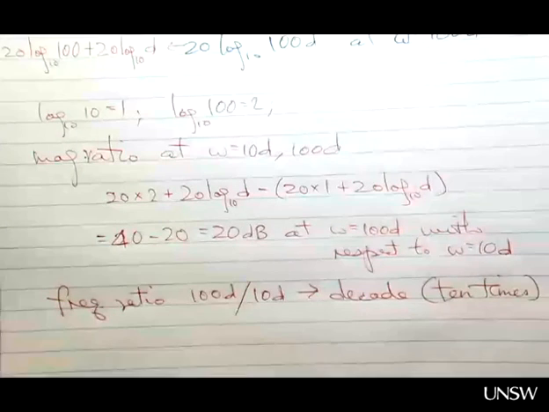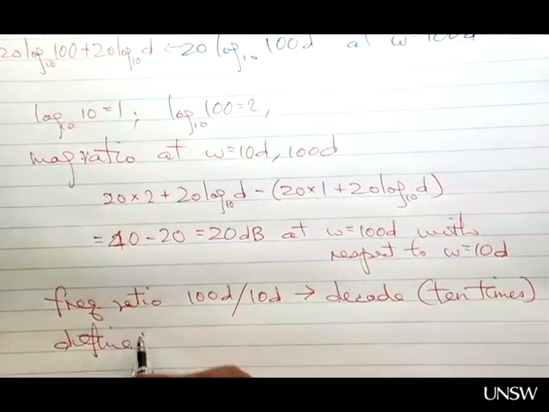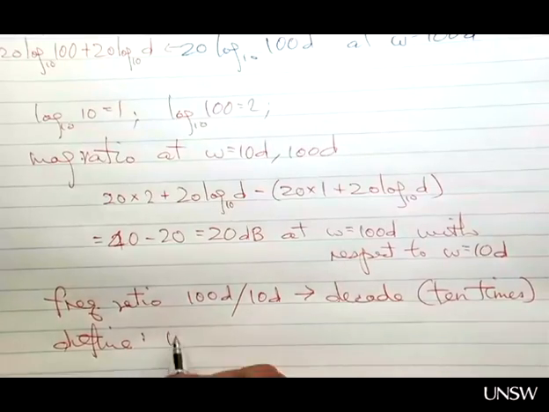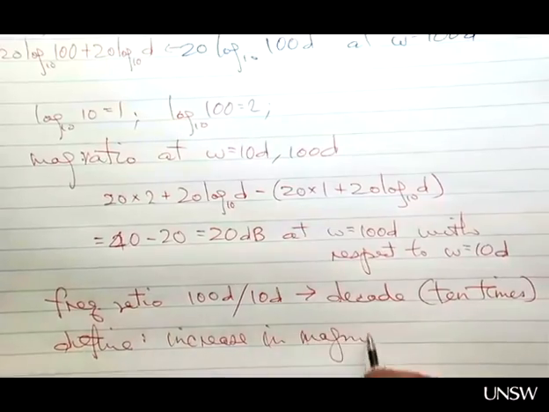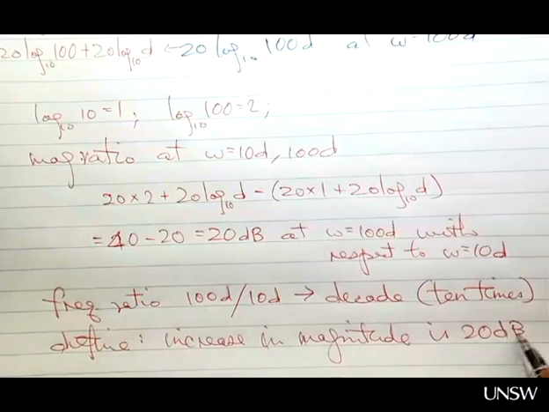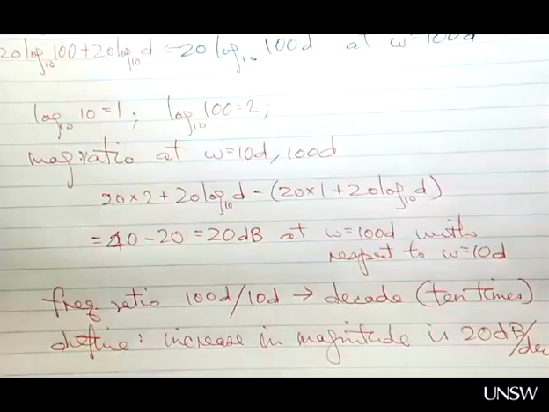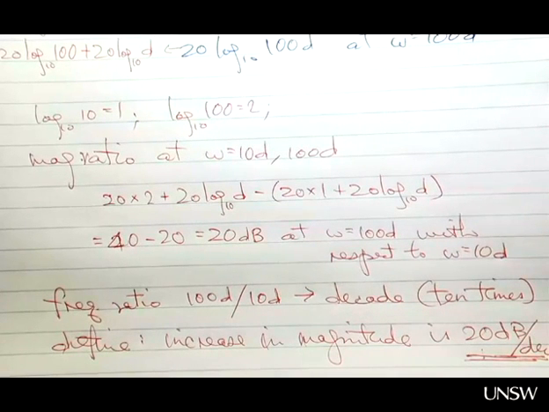So we define the increase in magnitude as 20 decibel per decade. Okay, any questions so far?